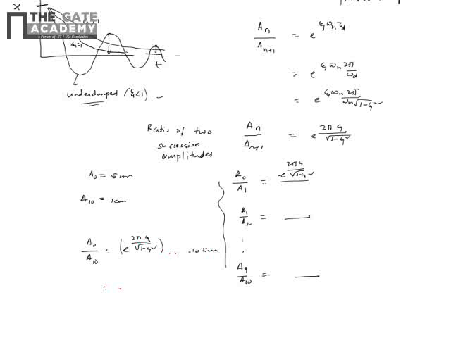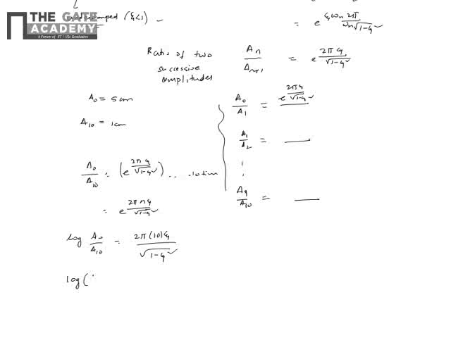So it will become e power 2 pi n chi by root 1 minus chi square, and if I take log on both sides, log A0 by A10 is 2 pi n, with n equal to 10, times chi by root 1 minus chi square. So log 5 centimeter, and after 10 cycles 1, so log 5, log to the base e, remember, equals 2 pi 10 chi. So we have one equation for chi.